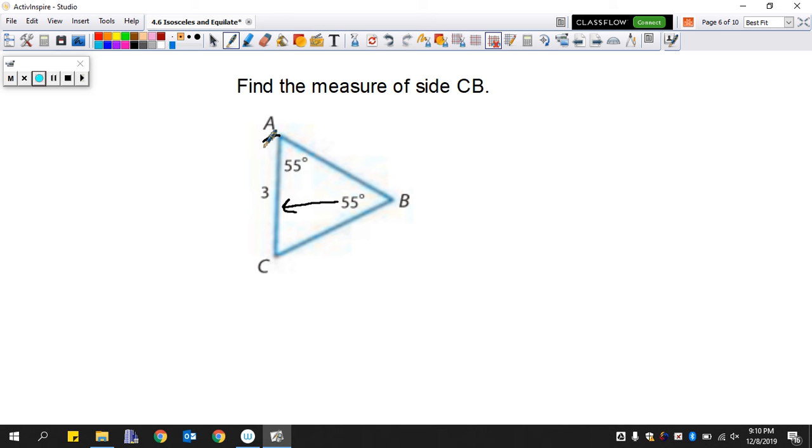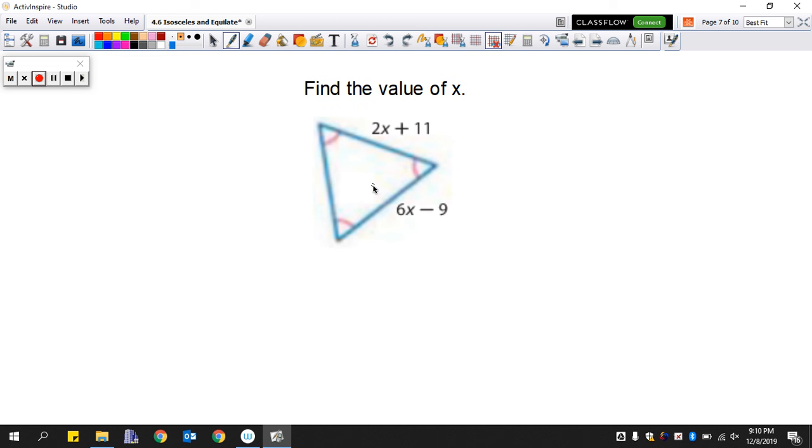That's this side right here, and it has a length of 3. Well, if we take this angle and bring it across, that means this is side CB, which we know is also going to be 3 because the angles are exactly the same.